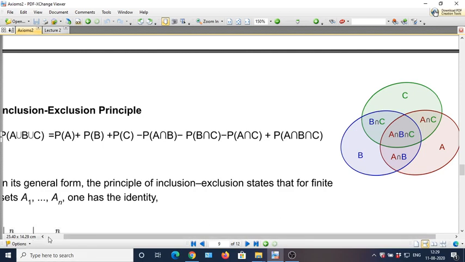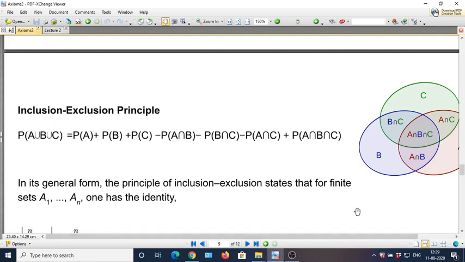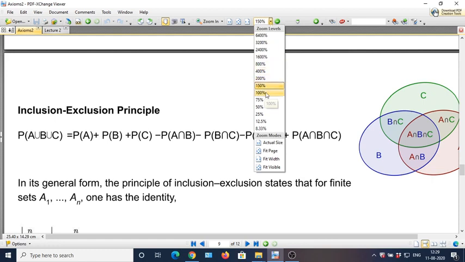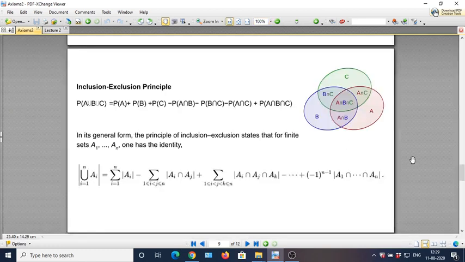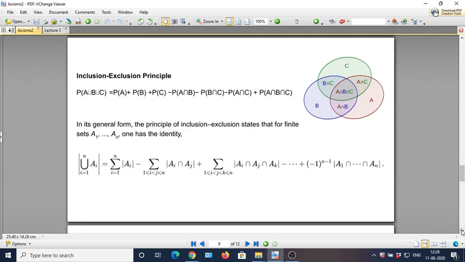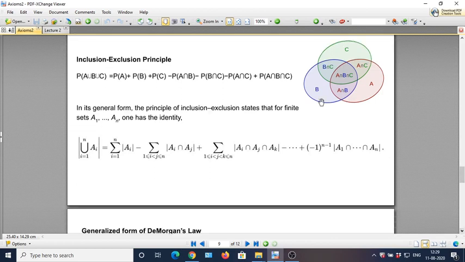Now we will see what is called the inclusion exclusion principle. Here we can try to get an intuitive feeling of why this has to be true.